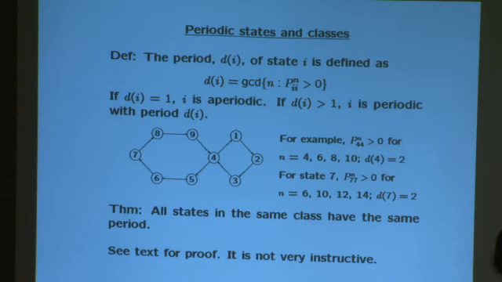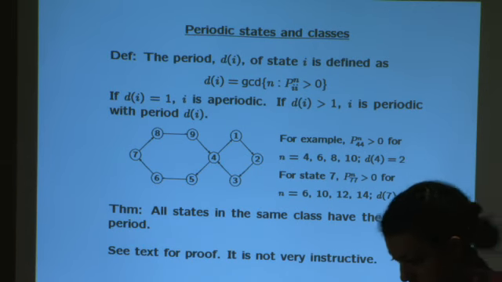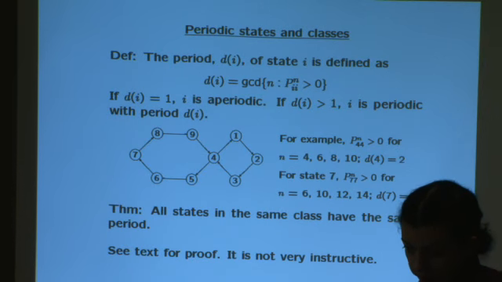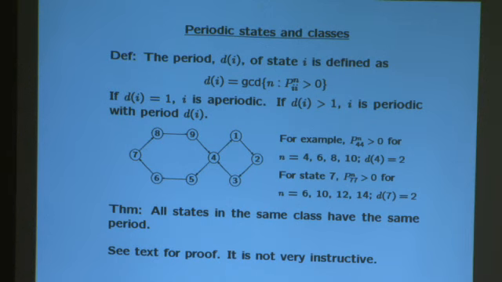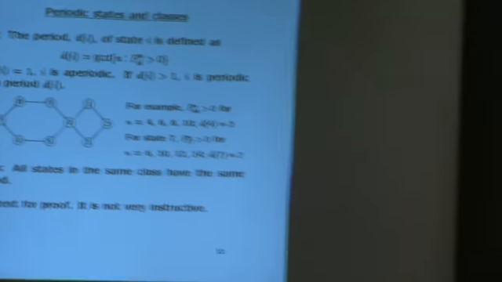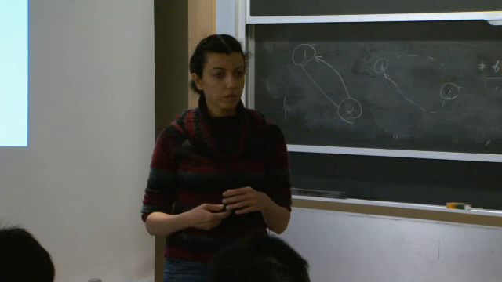We proved that if one state in a class is recurrent, then all the states are recurrent. And we saw that recurrence corresponds to having a cycle, having a walk from each state to itself.